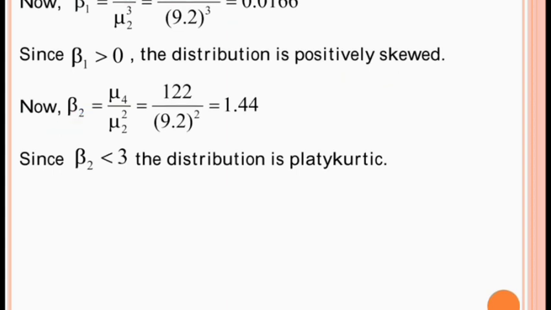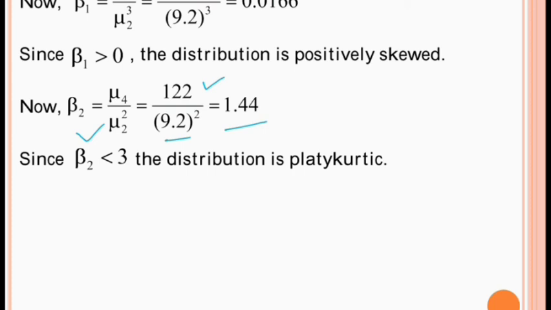Now next is beta 2. Beta 2 is given by mu4 upon mu2 whole square. So mu4 is 122 and mu2 is 9.2 and its square. On simplifying this, you get 1.44.